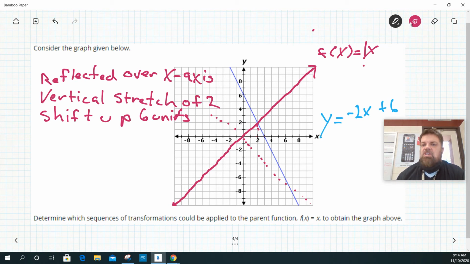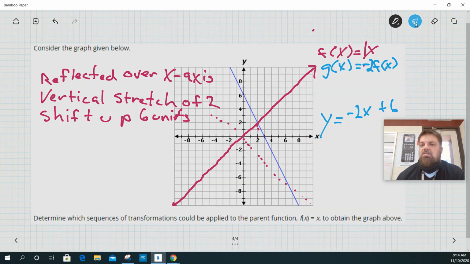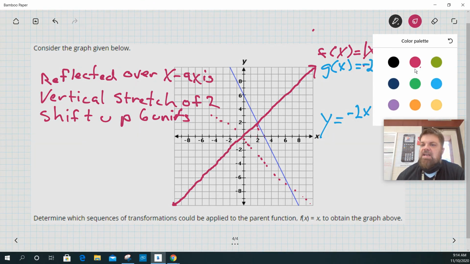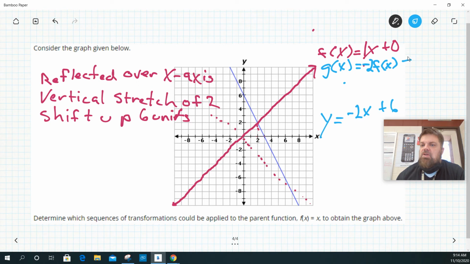So to get my g of x, to flip it over the x-axis, I had to take the negative of f of x. But to change the slope of it, I had to multiply by 2. And then because up here my y-intercept is plus 0, right? I had to shift it up, so I had to add 6. So this is what it looks like.